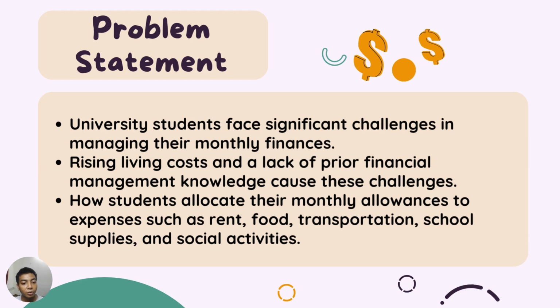Students must allocate their monthly allowance to expenses such as rent, food, transportation, school supplies, and social activities. They must always spend their money wisely and not be too greedy for other things that are useless or bad.